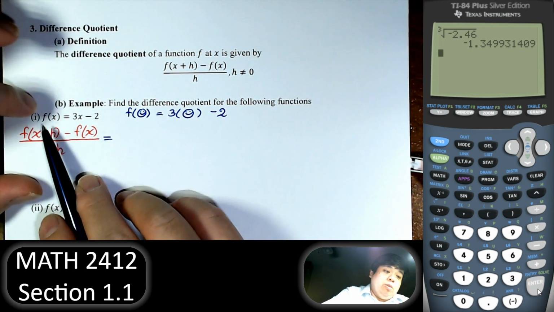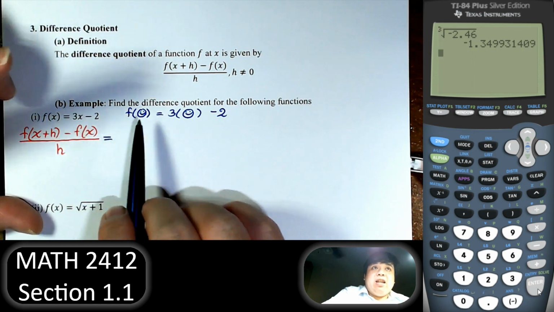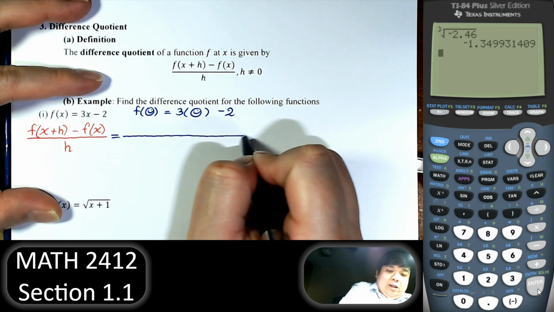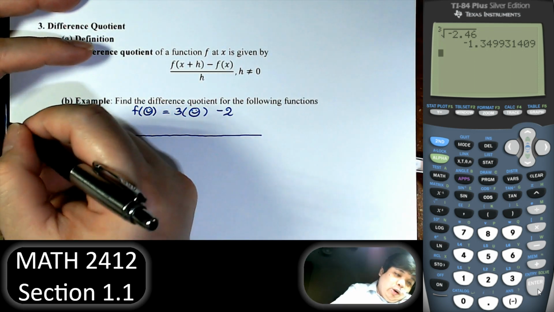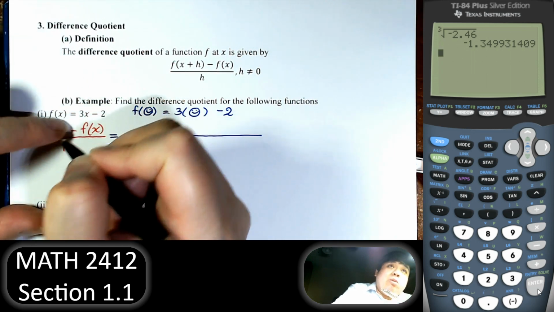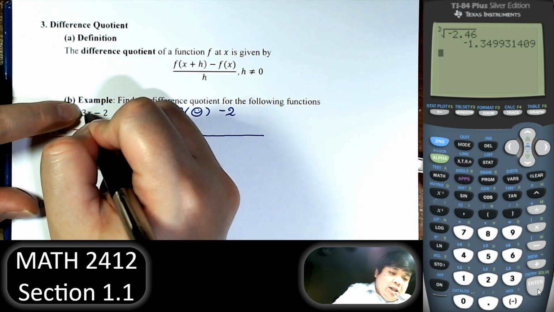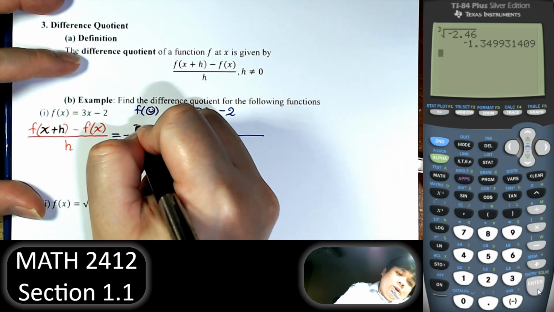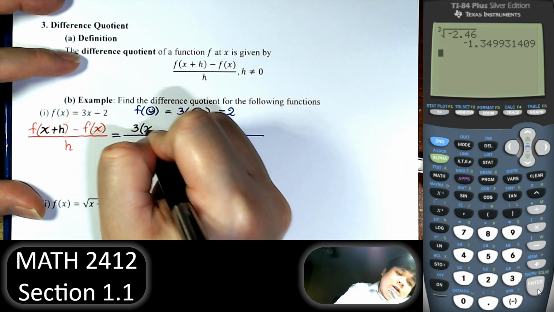Whatever we put in the parentheses, we do that for every x in that equation, right? Now first, we're going to put x plus h inside the parentheses, meaning we'll replace every x in the equation. So that will be 3 times x plus h.